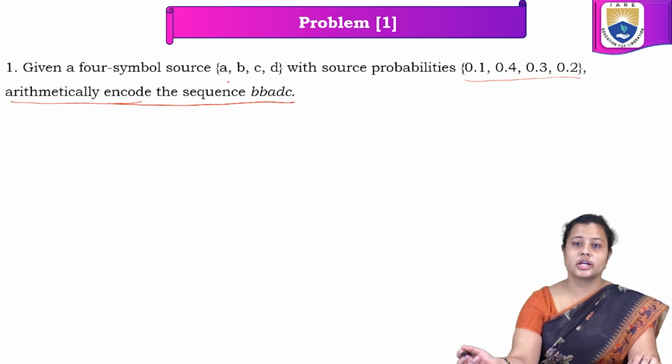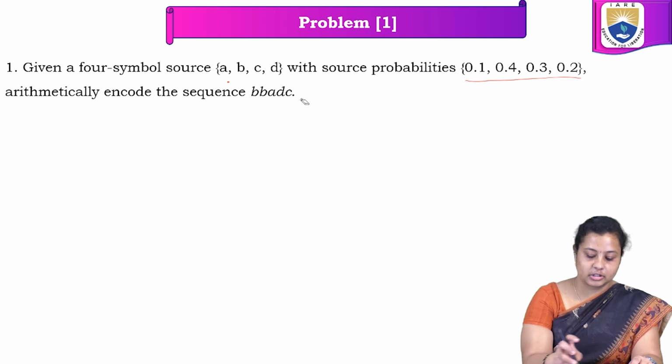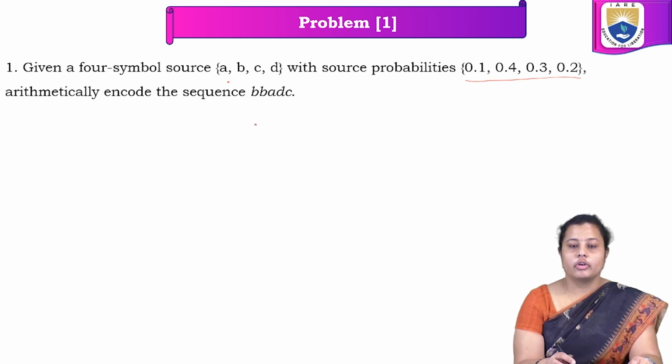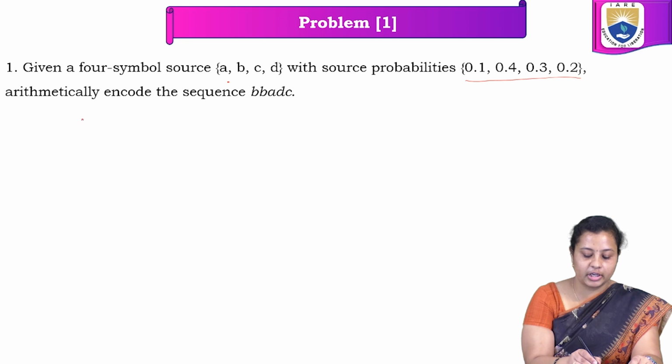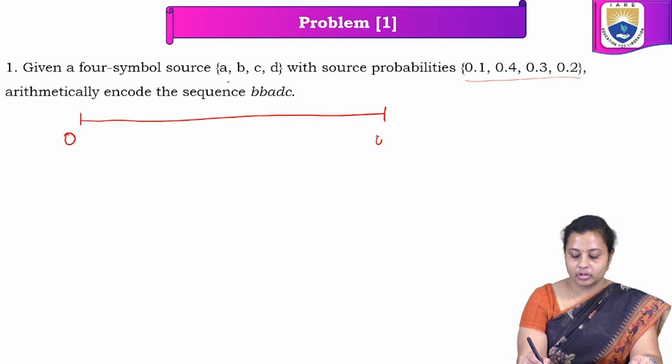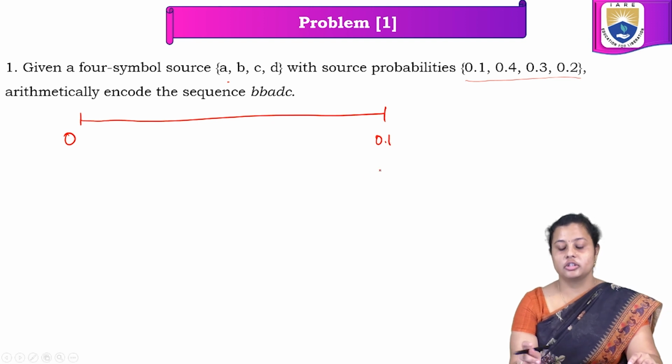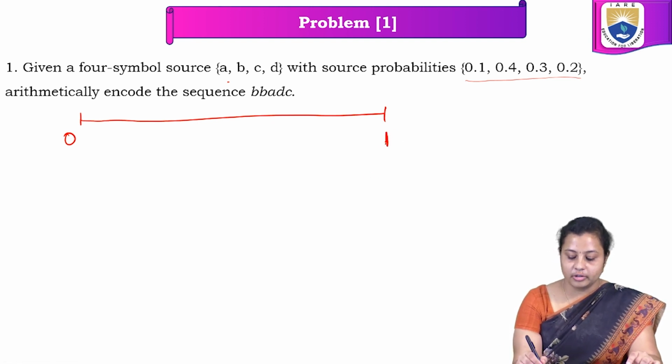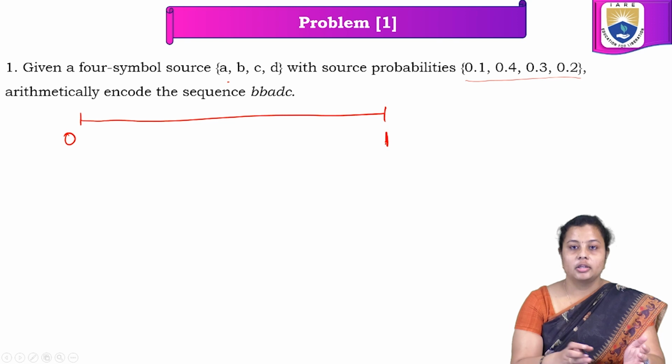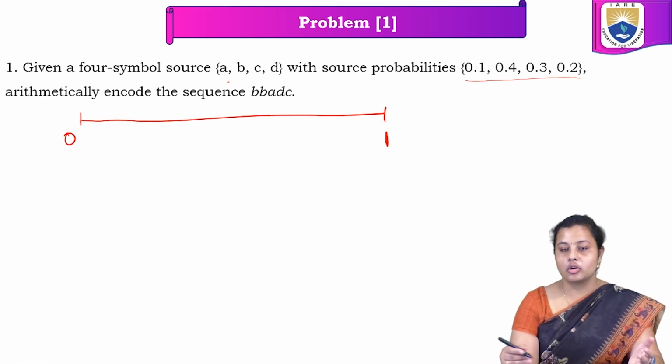So how do we do this arithmetic coding? We divide the range 0 to 1 into subgroups.